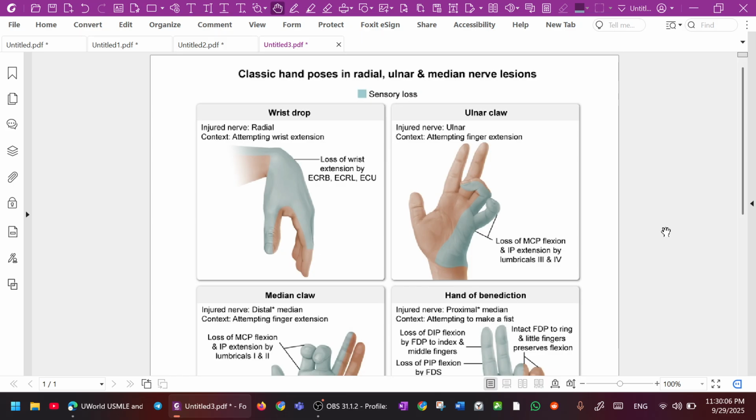This is ulnar claw. Median claw, distal median nerve, attempting finger extension, loss of MCP flexion and IP extension by the lumbricals 1 and 2. So median claw happens due to loss of MCP flexion and IP extension by the lumbricals 1 and 2.